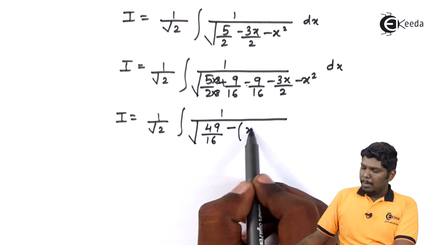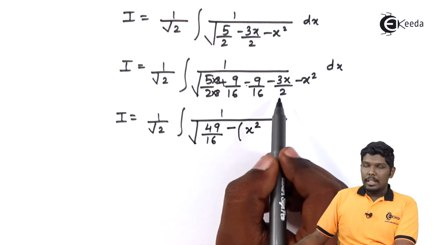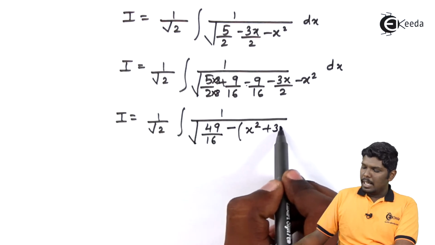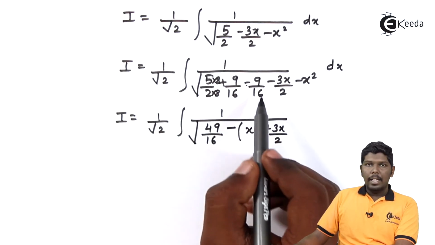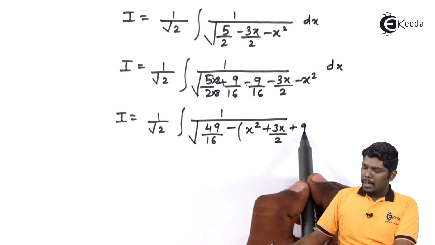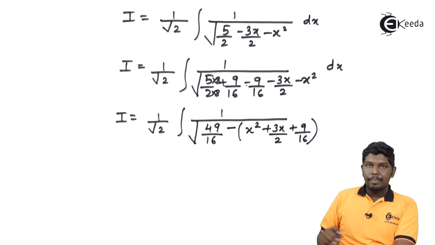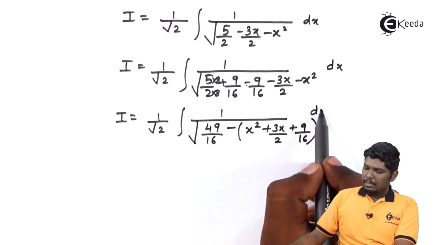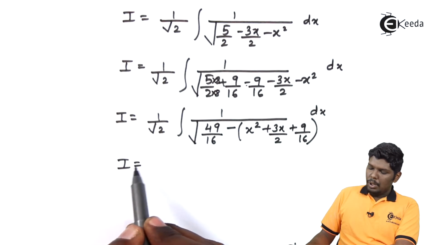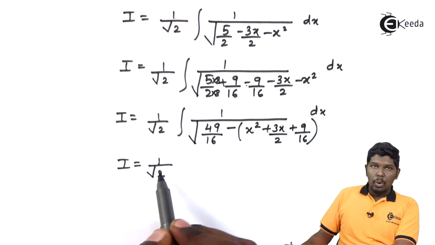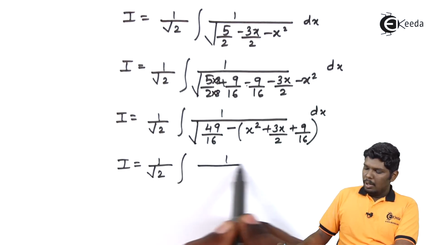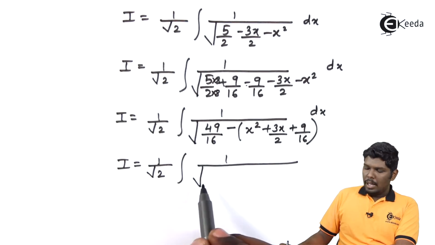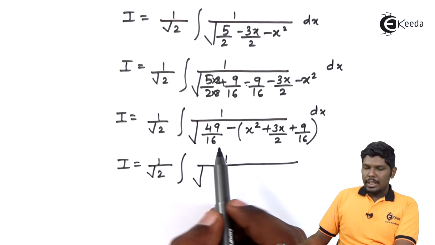Minus x square will become plus x square. Minus 3x by 2 will become plus 3x by 2. And minus 9 by 16 will be plus 9 by 16 dx.